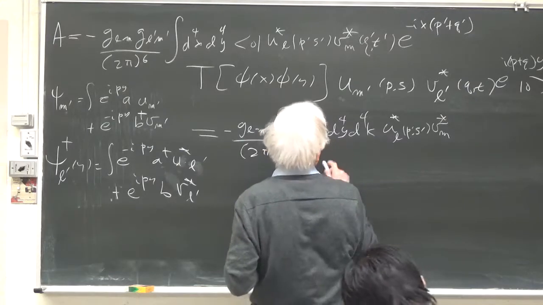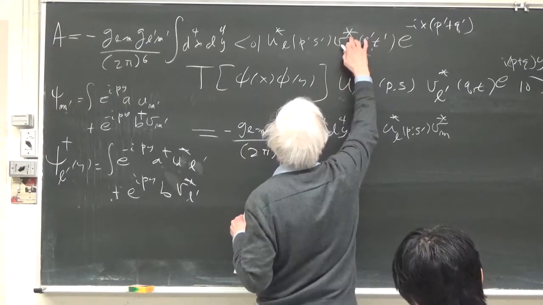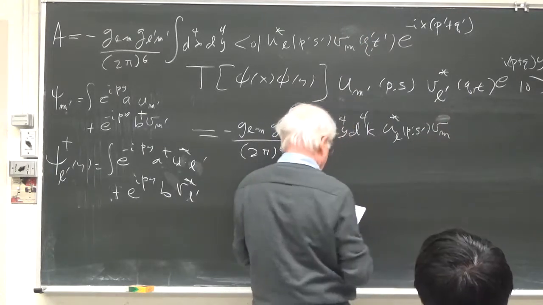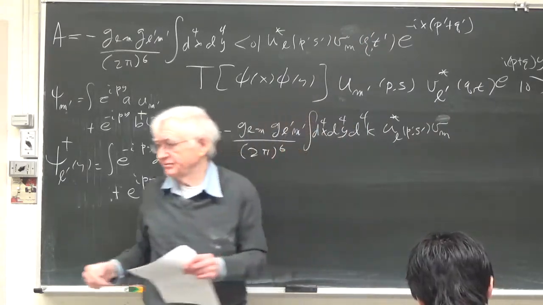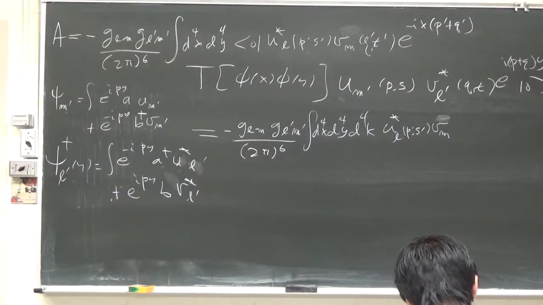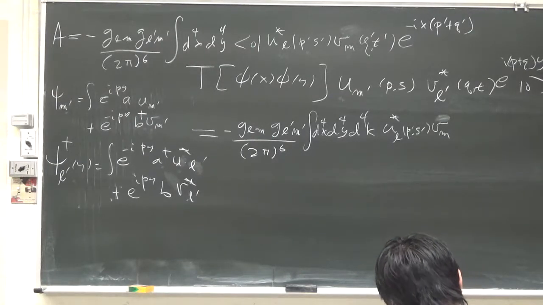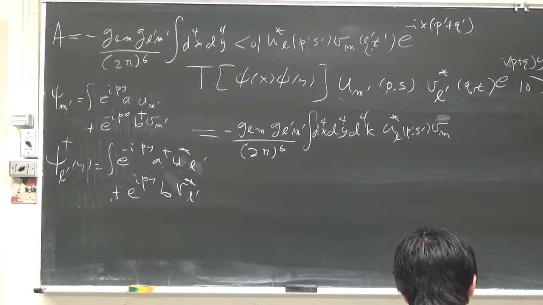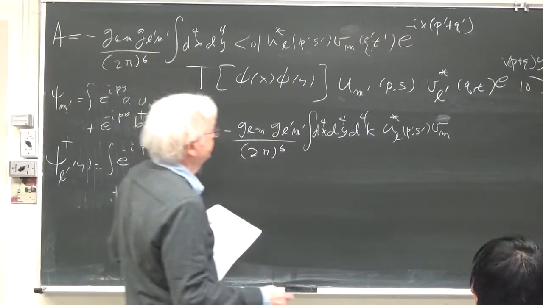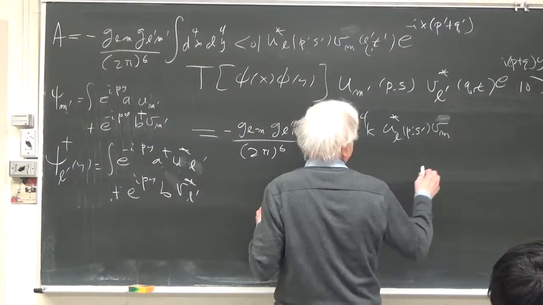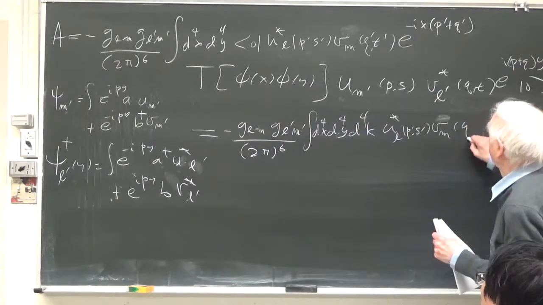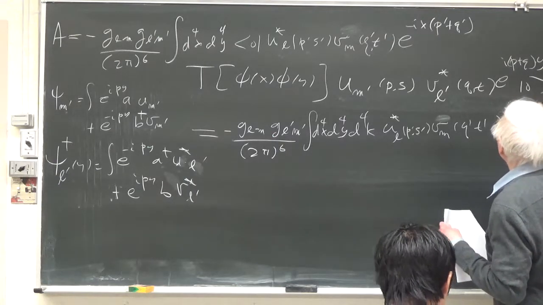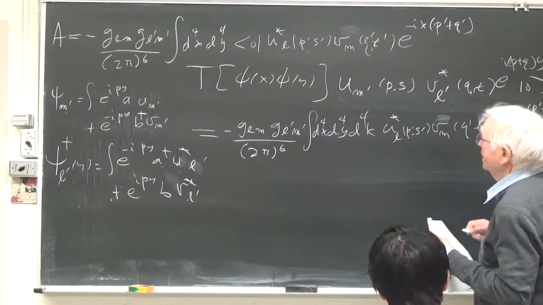Okay, now let's get this straight. Which is it? Is it B star? Ah, it is VM. Okay, so there was a typo here in my notes. So we decided carefully that it was VM, and that fixes something that bothered me later on. Okay, so this is VM of Q prime and T prime, e to the minus i x dot (P prime plus Q prime).